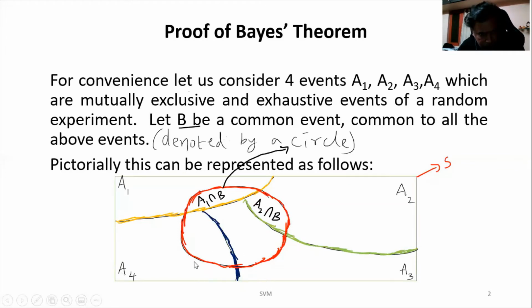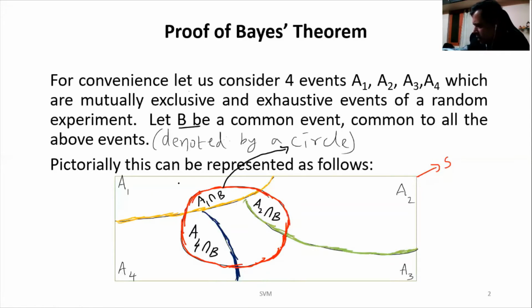That is this red color and then this blue color and then this yellow color. That is A4 intersection B. And what is the balance portion? The balance portion is this yellow, this green, this red, and this blue.